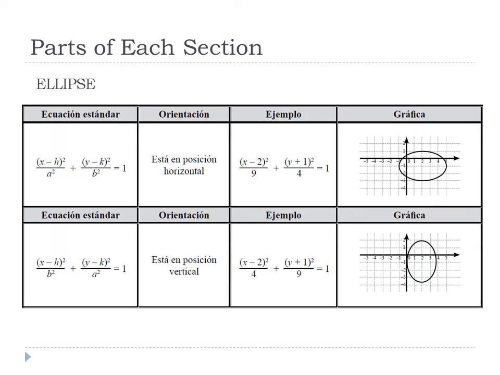So now we're going to go into the ellipse. Now, the ellipse will always have an oval shape, okay? And if the long end is horizontal, then A, which is the biggest term, like for example here, will be under the x square, okay? So, if the longest term is under x squared, it's horizontal. If the big term is under the y square, then it's going to become vertical.